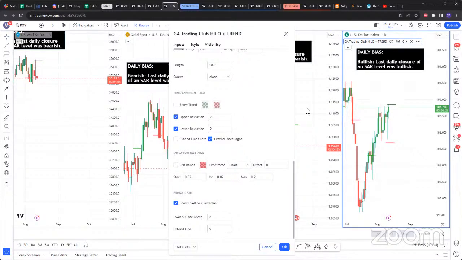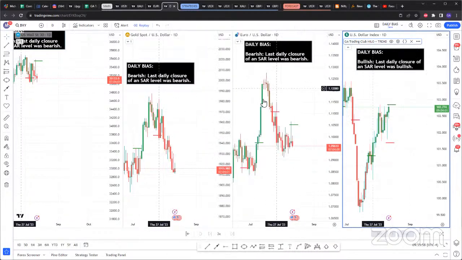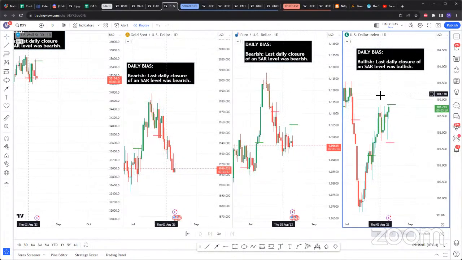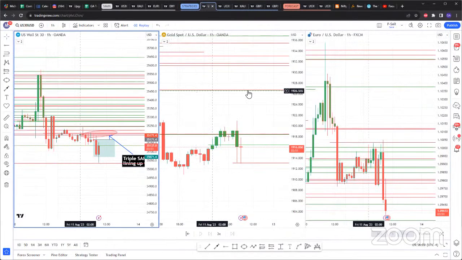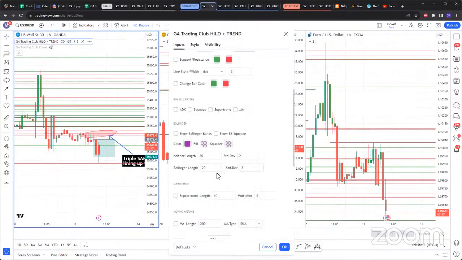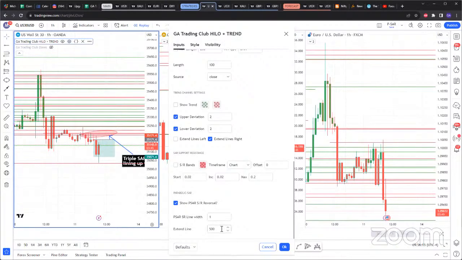Now, you can see here the difference between this chart right here. It's the same indicator, well, you can use any, but it's the same indicator. But if you go right here, the charts that I have, you can see these extended lines. Ideally it's the same indicator I'm using, but the only difference is the extended lines.